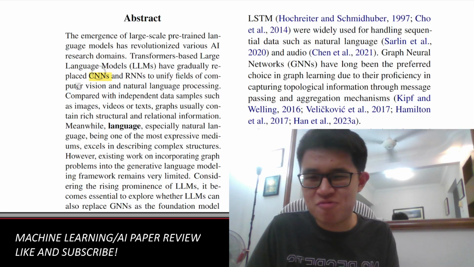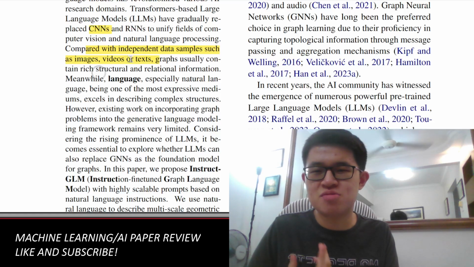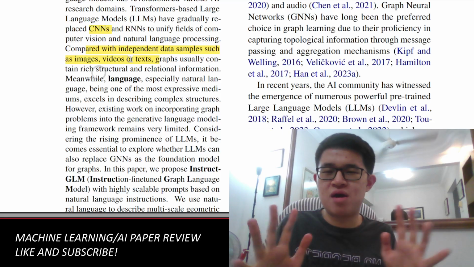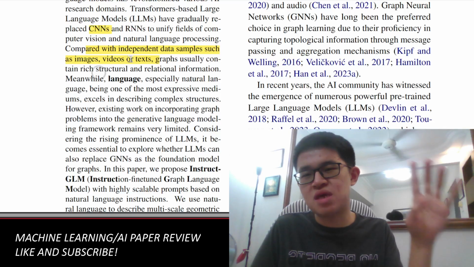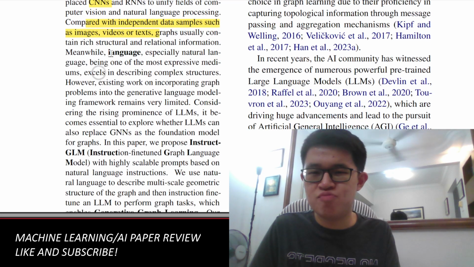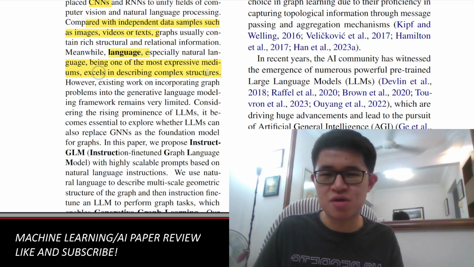But anyway, as we all know, images and videos and text, everything has been covered by LLMs, at least some part of it has LLMs involved. But now language, especially human language, is very expressive in its ability to describe complex structures.